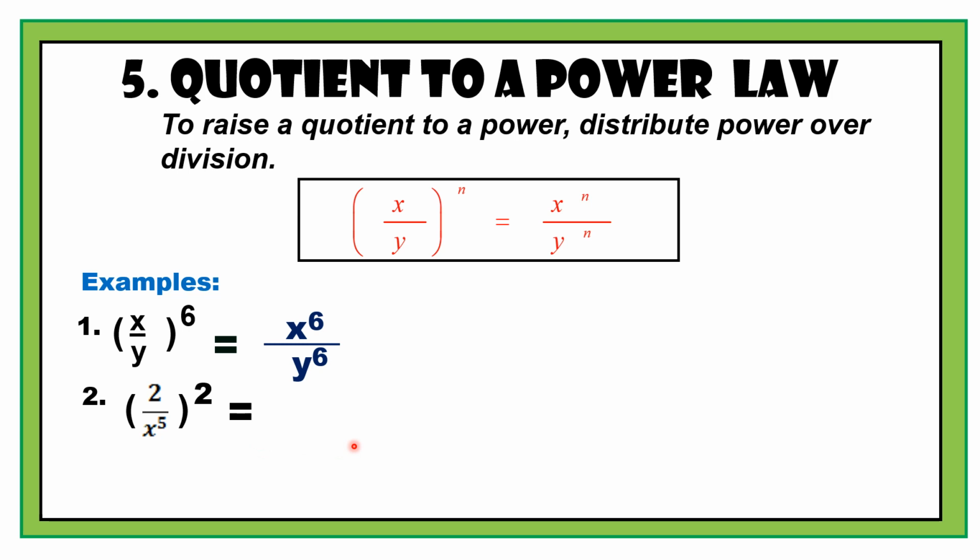So, ang answer is 2 squared over x raised to 5 times 2. So, simplify natin. 2 squared, ibig sabihin 2 times 2. So, that is equal to 4. Then, over x raised to 5 times 2 ay 10. So, ang final answer is 4 over x raised to the 10th power.